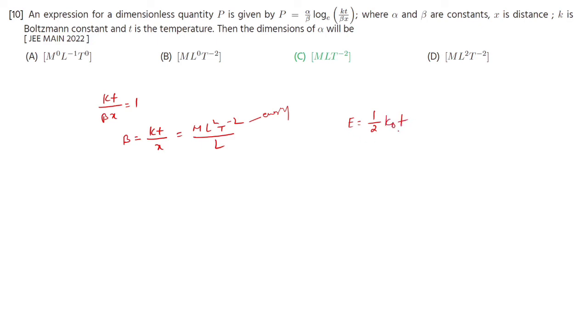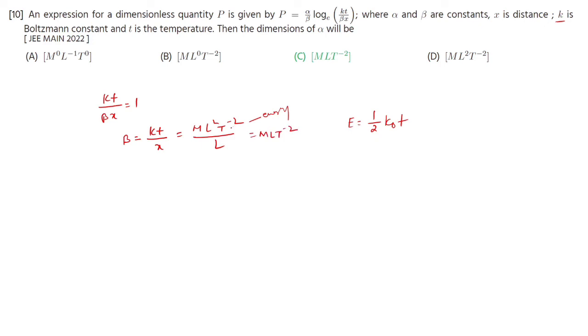So here the dimensions of energy are similar to that of the product of k and T. Here kB is Boltzmann's constant, but in this question they have given k as Boltzmann's constant. So the dimensions of this kT will be similar to that of energy. So I have written that. So the beta value is M L T power minus 2.